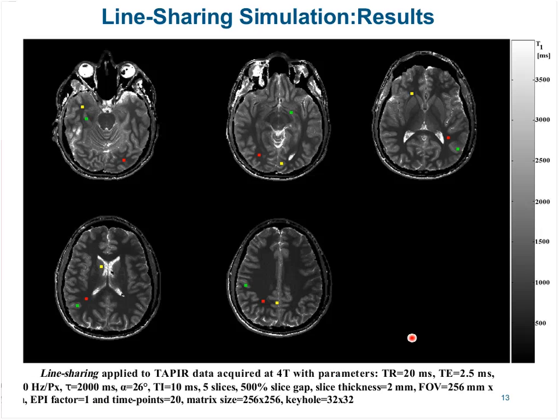We can see on the slide, and the slice thickness is 2 millimeter, field of view is 256 millimeter by 256. EPI factor is 1, and 20 time points were used with the keyhole size of 32 by 32 and matrix size of 256 by 256.